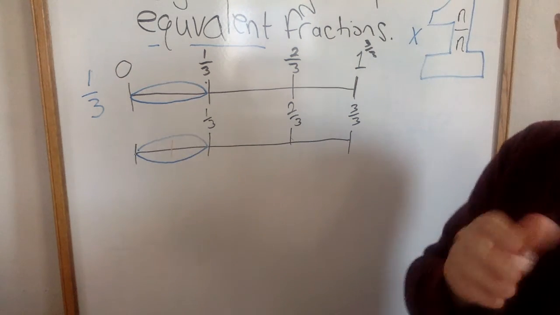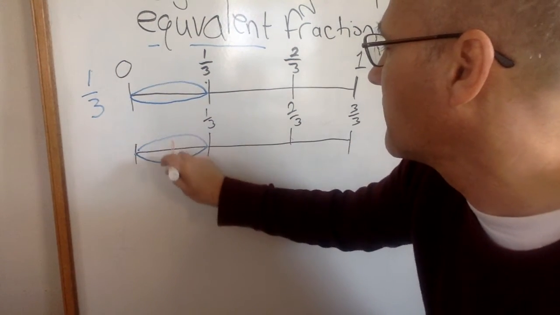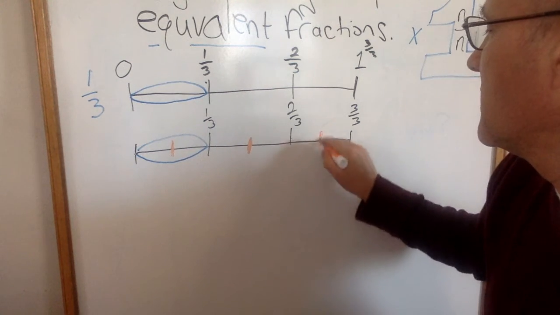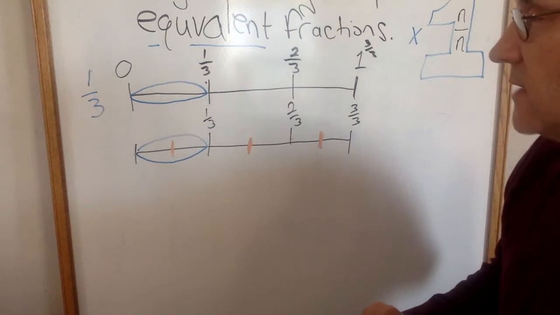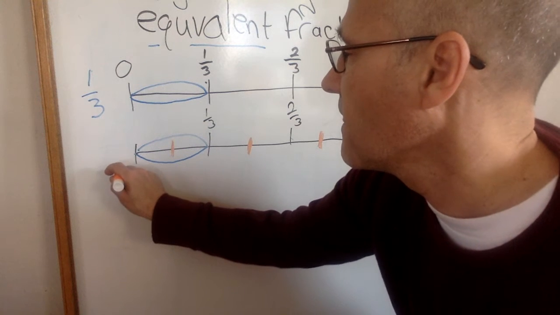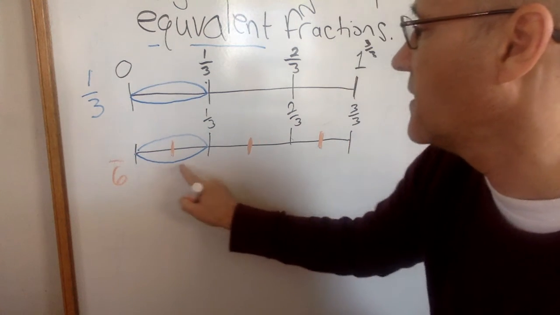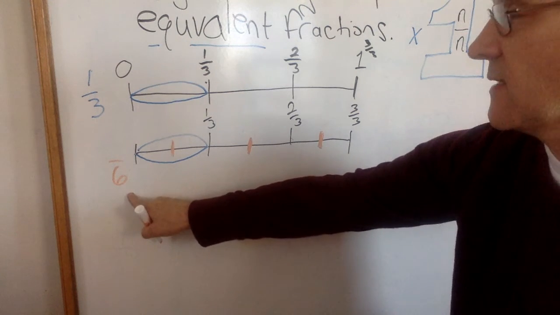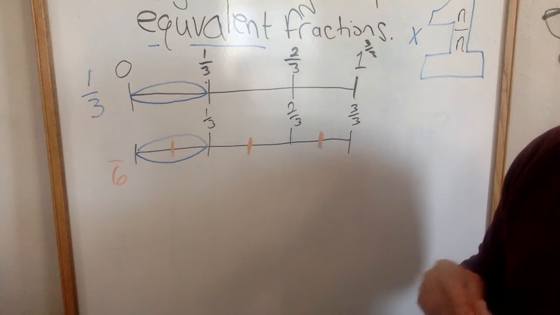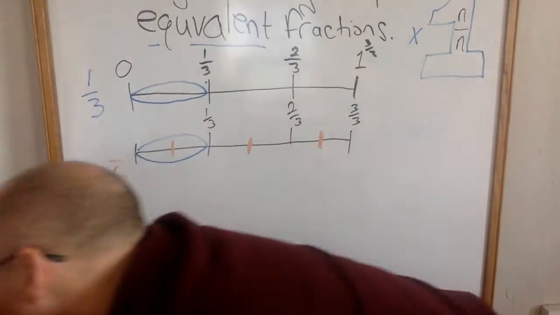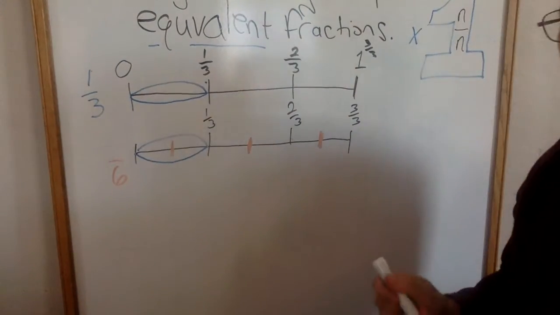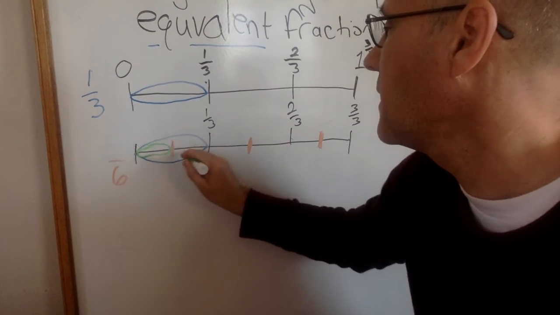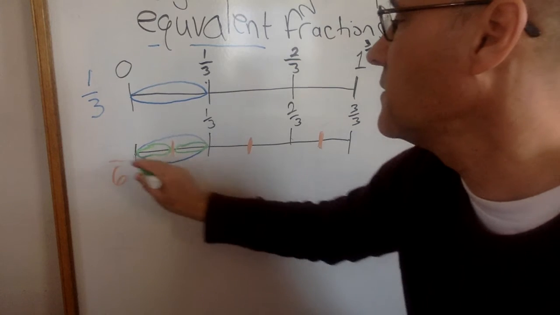I take my 1/3 and I 2-split each third. 2 pieces, 2 pieces, 2 pieces. I now have 6. 1, 2, 3, 4, 5, 6 pieces. Make each piece a 1/6. So my 1/3 is now equivalent to 2/6.